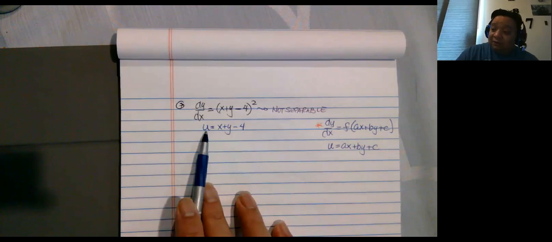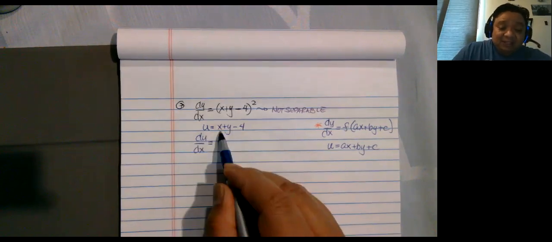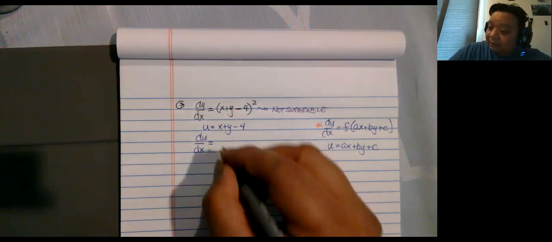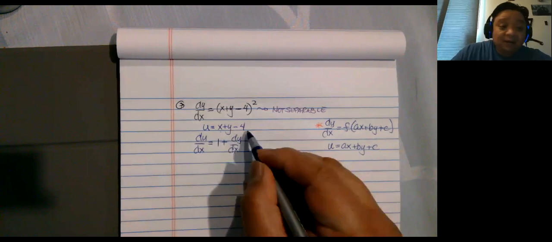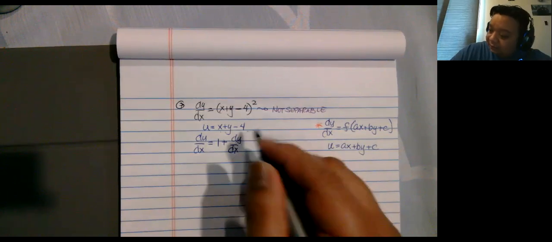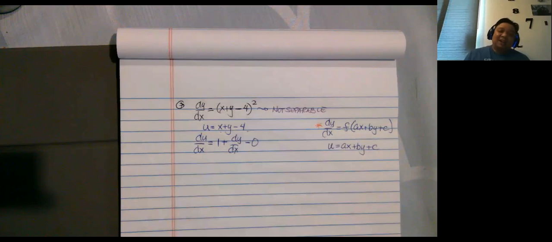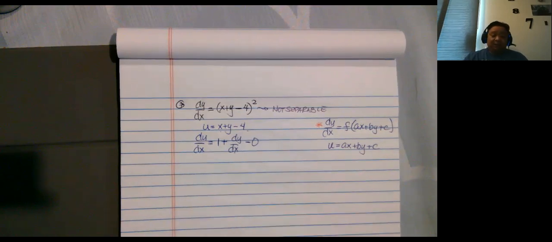The derivative of u with respect to x is du/dx. The derivative of x with respect to x is 1, plus dy/dx, and the derivative of 4 with respect to x is 0. I don't have to put it there, but for people reading the notes later, I want them to see it: minus 0 on there.